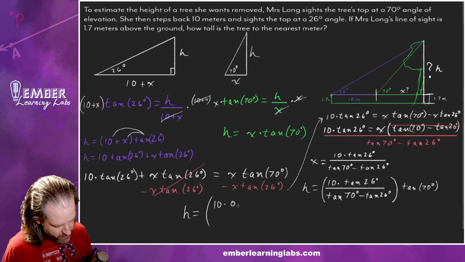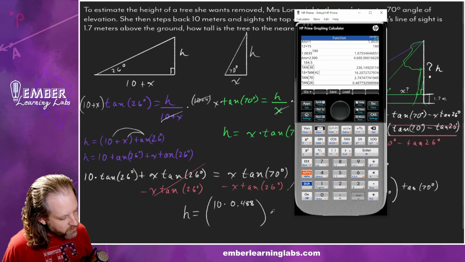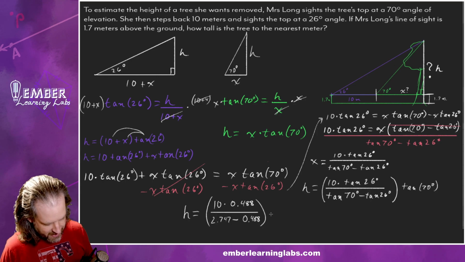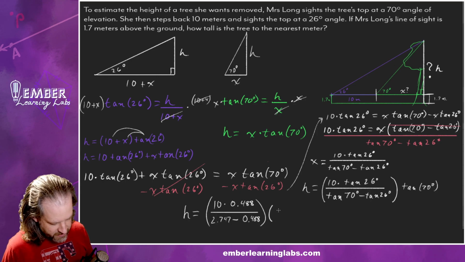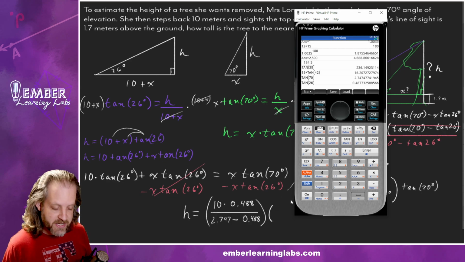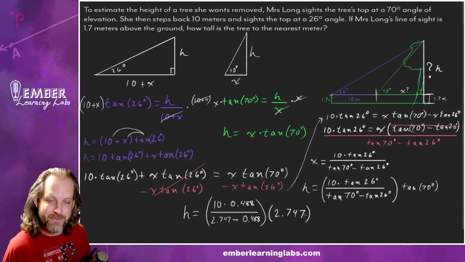So times 0.488 over the tangent of 70 degrees, which was 2.747, minus 0.488, and then times the tangent of 70, which was this one, right? Tangent of 70, nope, 2.747. Glad I checked. I don't know what my brain was thinking. Sometimes it doesn't do that well, especially when you're making videos.